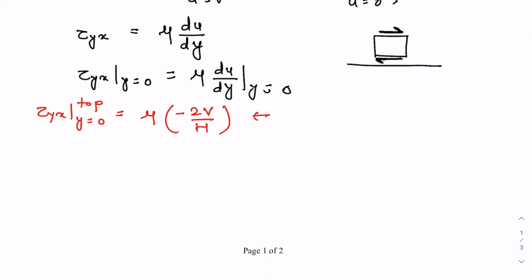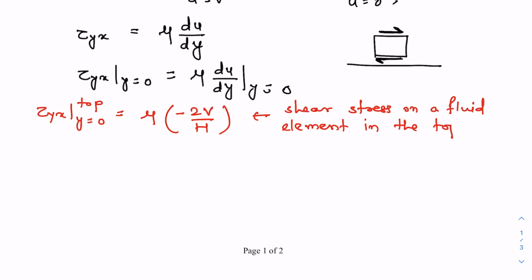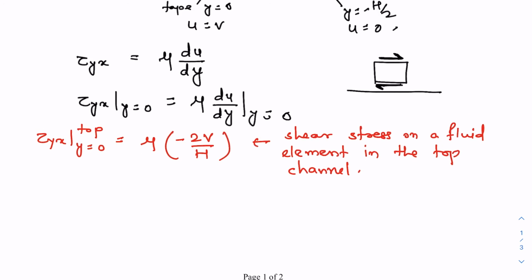So this is the shear stress on the fluid element in the top channel. So this means that the shear stress here acts in the opposite direction.